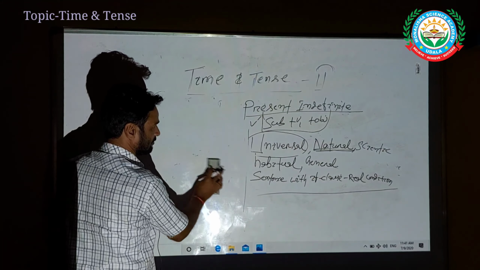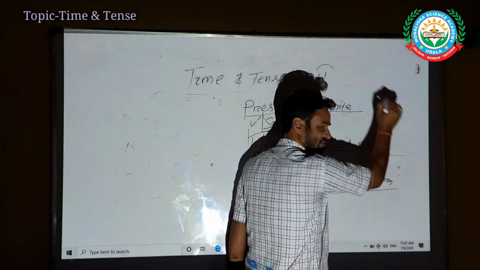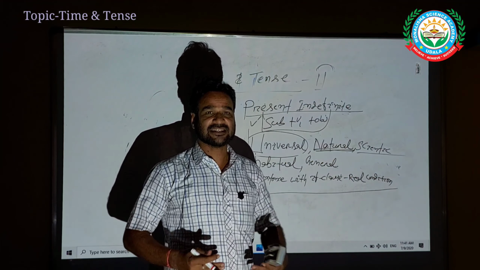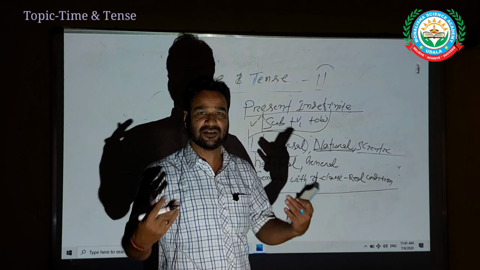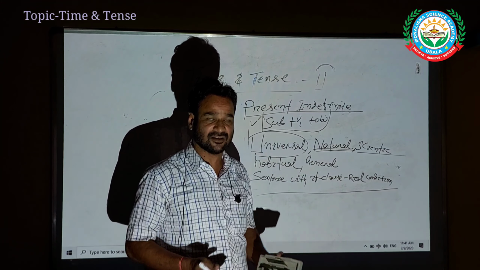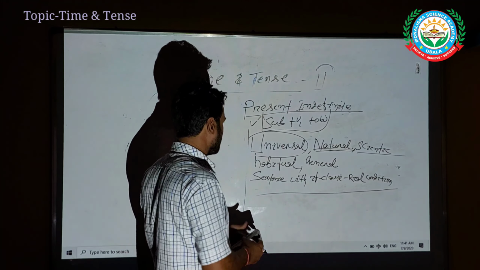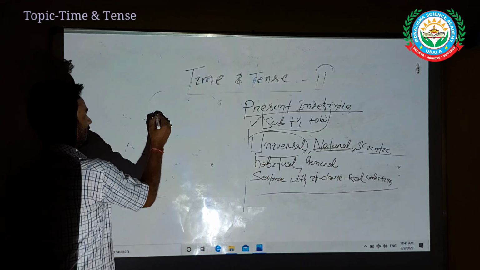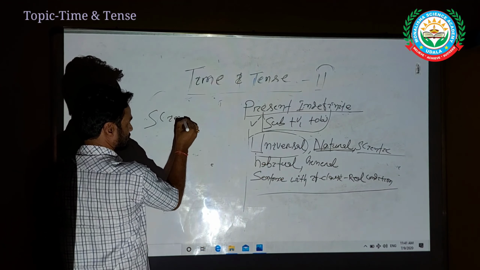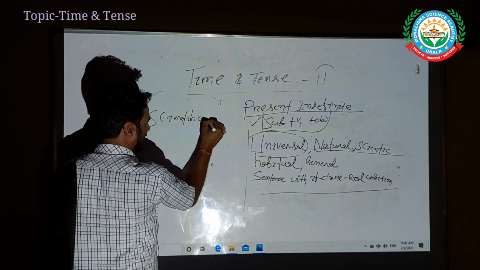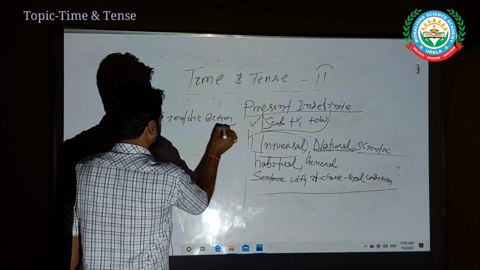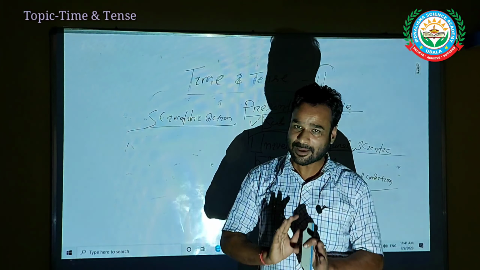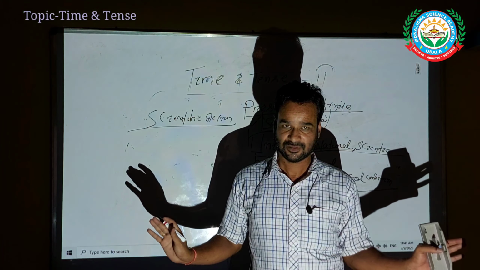Next, I would give you an example of scientific action. When we are going to express a scientific expression, a sentence based on scientific data, that time we should take help of this structure, right? So here let me write scientific action. Scientific actions happen scientifically, and we have nothing to do with them.